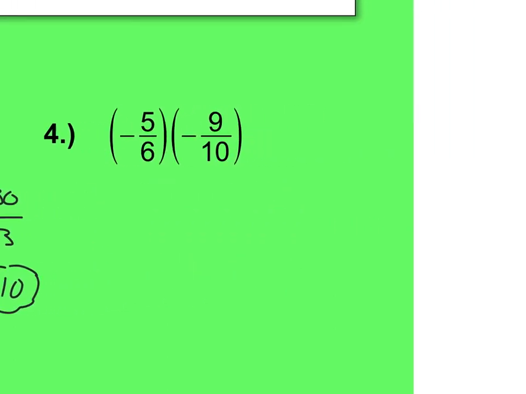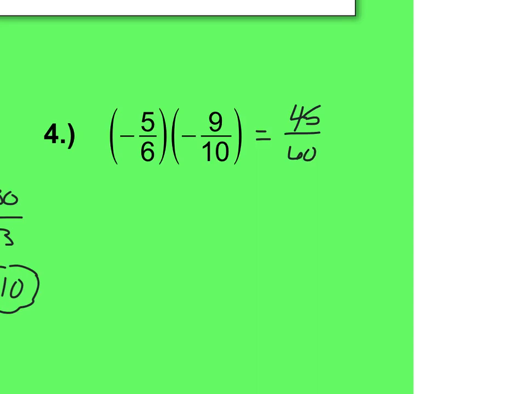Okay, number 4. We just multiply straight across, but be careful because we have a negative times a negative, so that means our answer is positive. 5 times 9 is 45. 6 times 10 is 60. So this becomes 45 over 60.